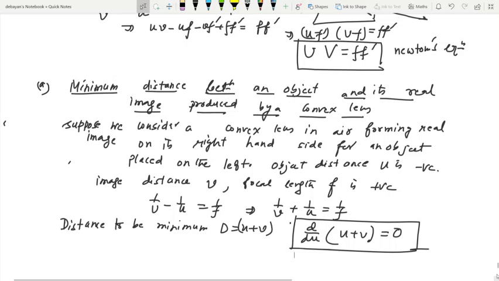So the minimum distance u plus v is 2f plus 2f, that is, the minimum distance between an object and its real image produced by a convex lens is 4f. That is what we got.